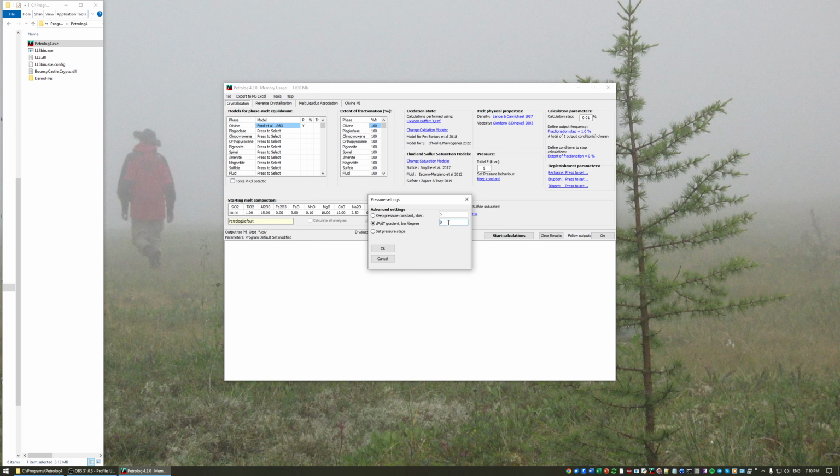Let's consider a little bit what kind of values can be suitable. Depending on the starting composition, the change in temperature during crystallization can be 200 or 100 degrees, also depending of course on the extent of crystallization. It could be less, but it's unlikely to be over 100 degrees in many cases.